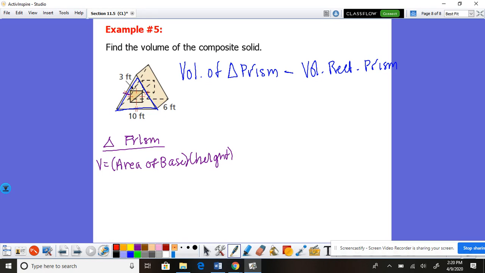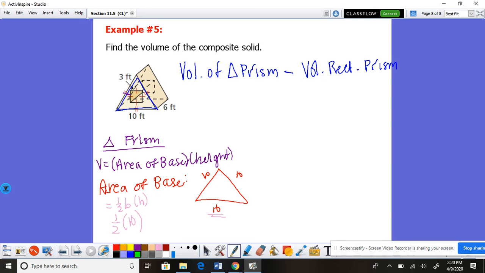So if I were to just draw it, well, first let's find the area of the base. The base looks something like this. 10, 10, 10. Okay, to find the area, we want 1/2 base times height. Well, the base is 10.